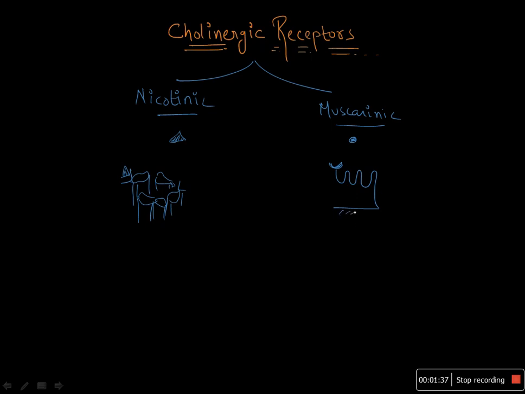They have an intracellular domain which is coupled with G protein, and here also muscarine can bind. Now the magic is that acetylcholine can bind with both nicotinic as well as muscarinic receptors.